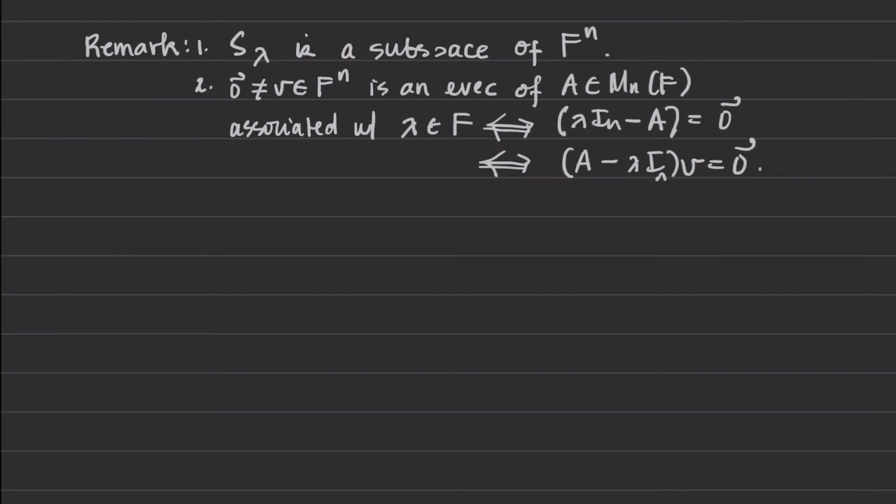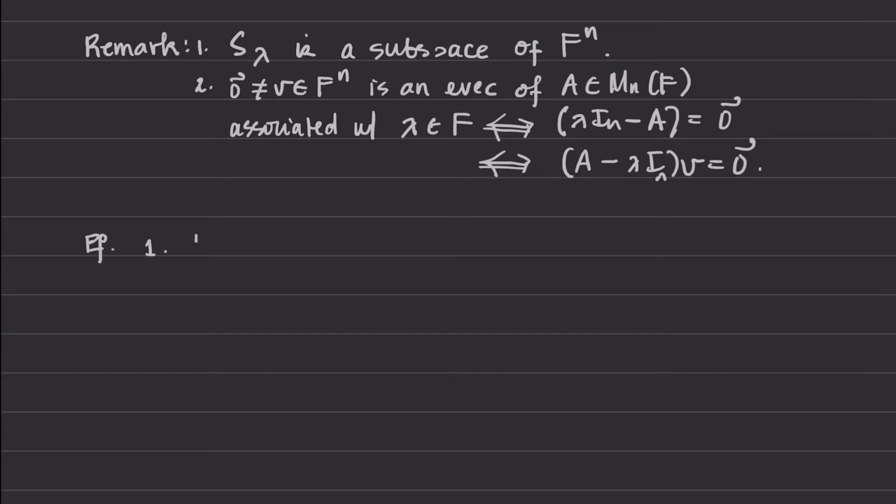Itong S sub lambda, subset na siya ng F to the N, no? Kasi ang laman niya, eigenvectors of A corresponding to lambda, tapos yung zero vector. Tapos, sure ka na non-trivial yan, kasi andyan yung zero vector, tapos may laman siya na eigenvectors, which is not zero. So, ipapakita na lang natin na closed yan under addition at scalar multiplication.